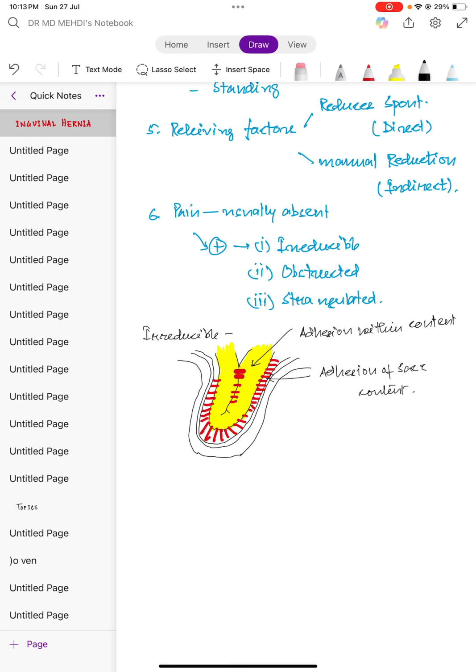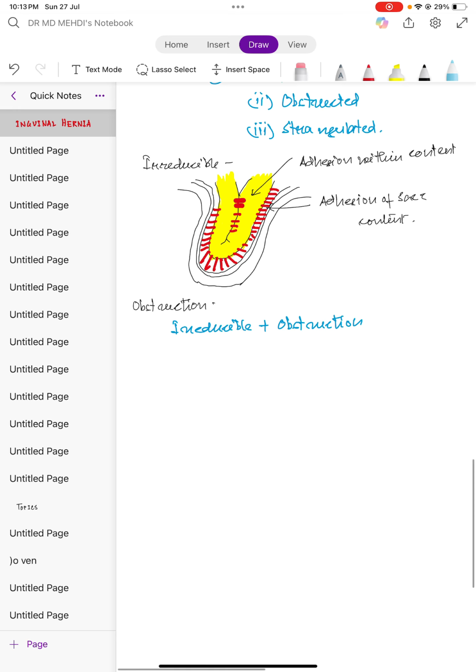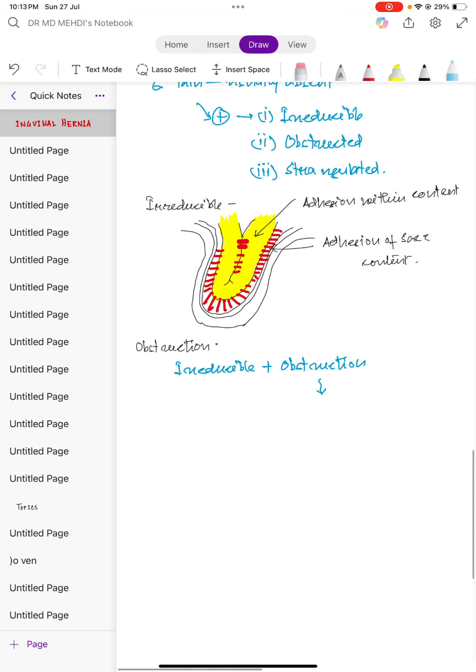Okay, now we come to obstruction. Now how does obstruction present? Obstruction means it is irreducible, and along with it the patient has developed signs of intestinal obstruction. Now what are the signs of obstruction?